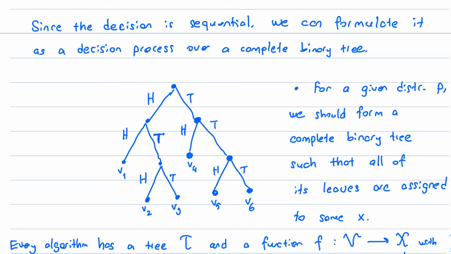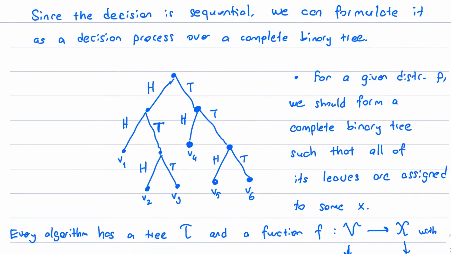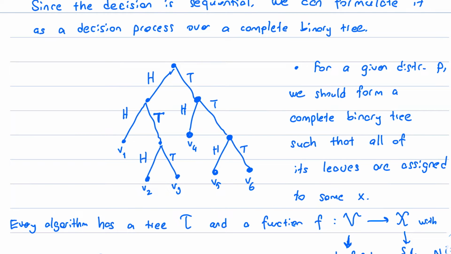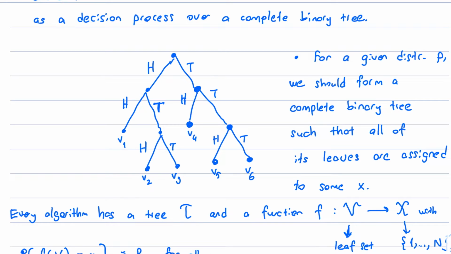The nodes that do not have any children or any branches after that are called leaves. For this example, V1, V2 up to V6 are leaves, and the others are regular nodes, non-leaves. For a given distribution P, we should form a complete binary tree such that all of its leaves are assigned to some values of x, so that whenever we reach a leaf, we stop and declare X equals little x.